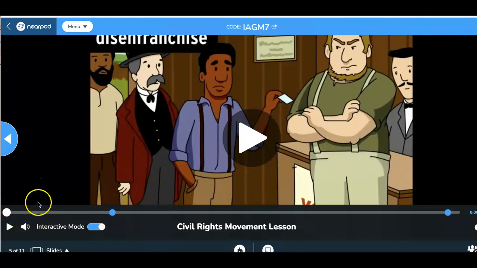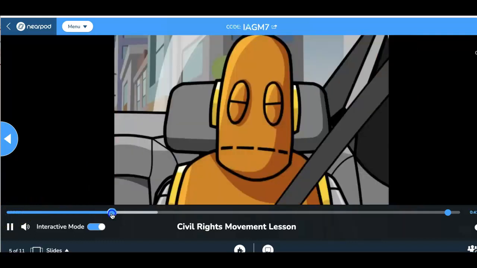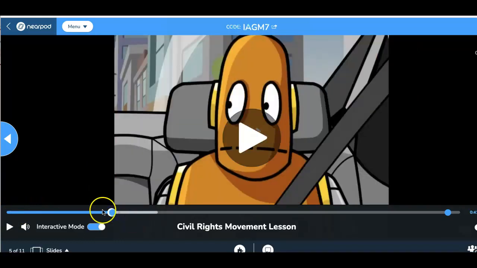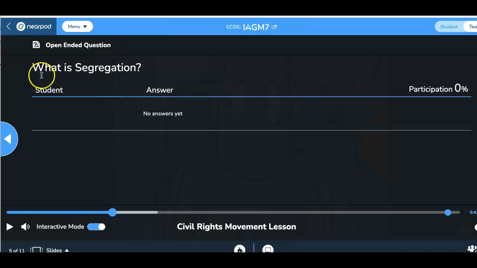And right here where the blue dot is at, I have the students answer what is segregation. What is segregation? So students will answer it once the video goes to the blue dot so that they can participate and engage in the lesson.